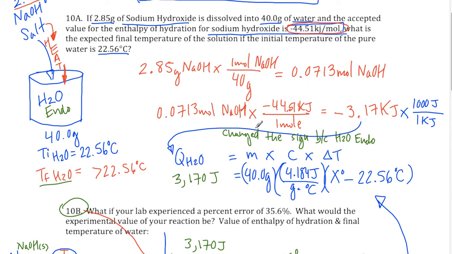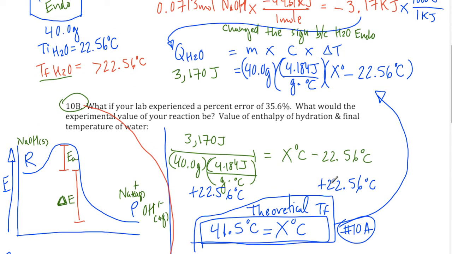I would have plugged it in for my experimental value, and then I would have found my kilojoules of the heat that was given off by the salt. I would have plugged it in here for the water, and then I would have found that my final temperature would have been lower than 41.5 degrees. So let's do that.